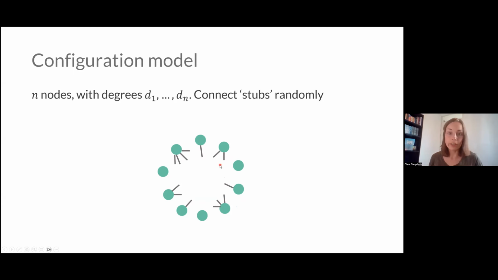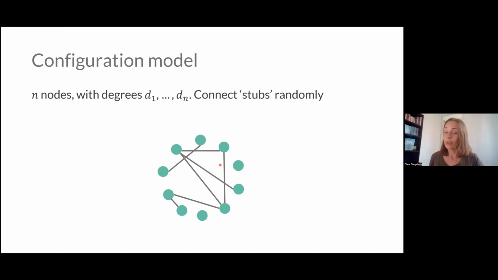Then this configuration model is a random graph model that creates a random graph which has the same size as your data set and also the same degrees. So you connect them randomly, and for example, it generates a network like this, but it's random. So it could also look like this, for example.